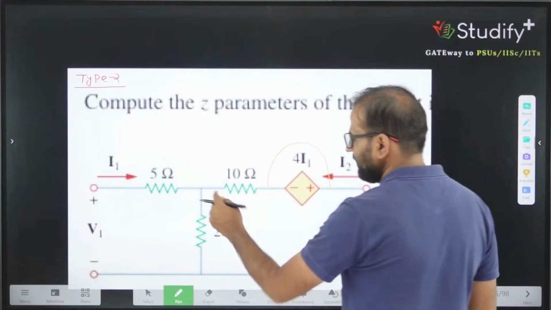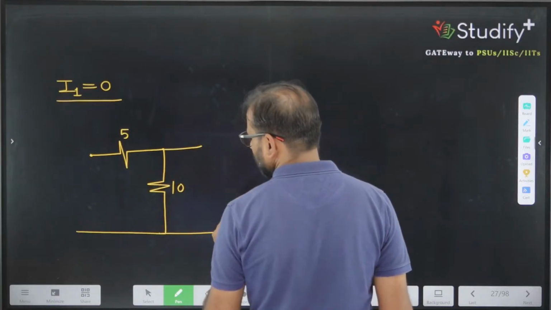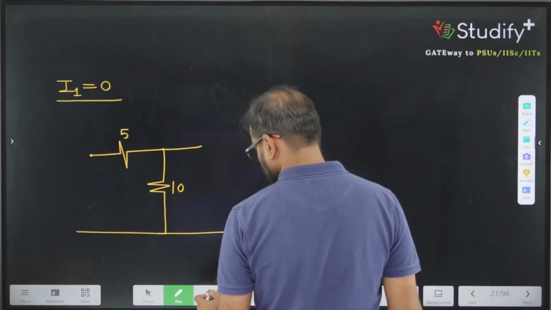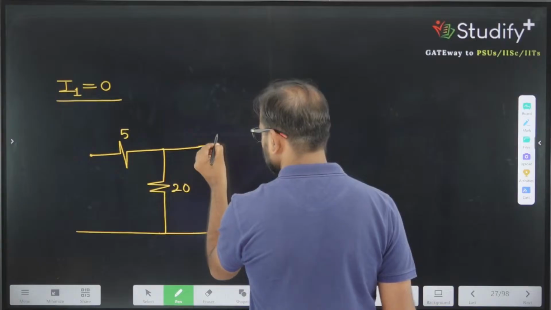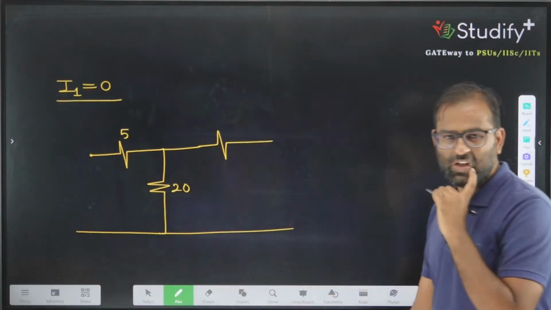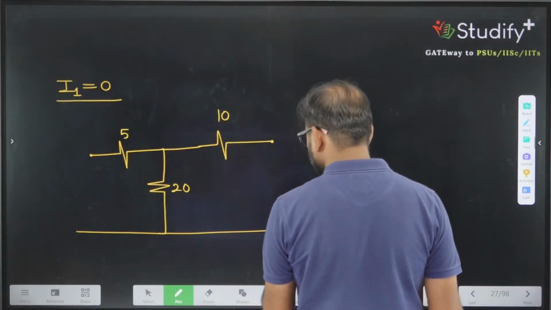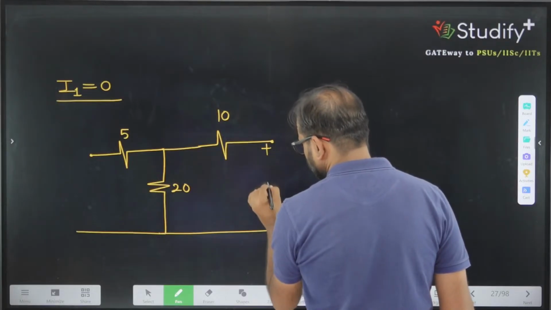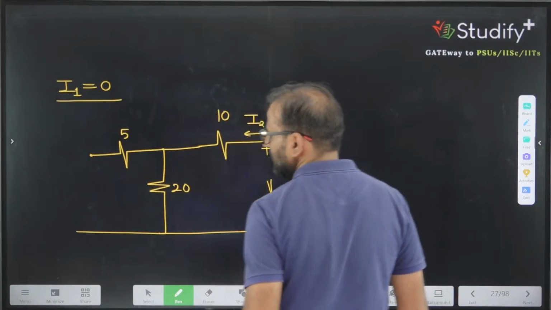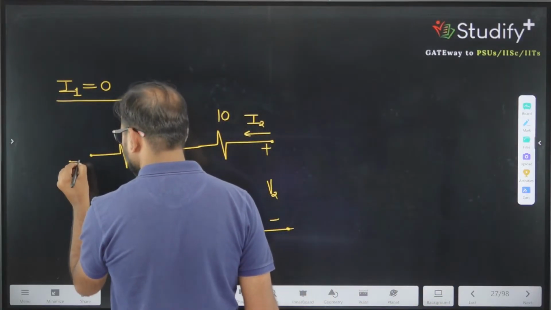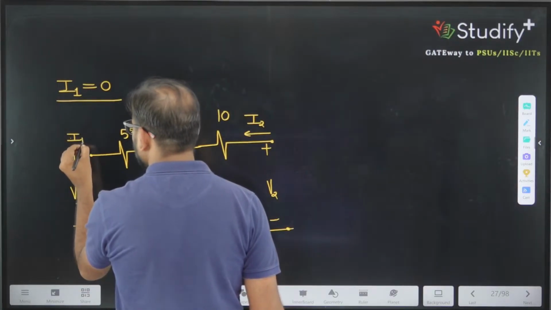So we have 5, 20 and 10. This value is 10. Now we know that this value is V2, this value is I2, this value is V1, and I am taking I1 equal to 0.